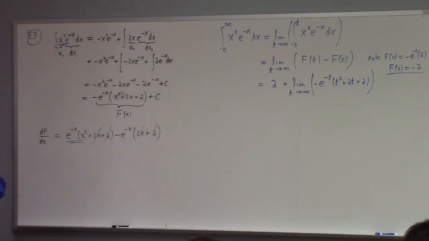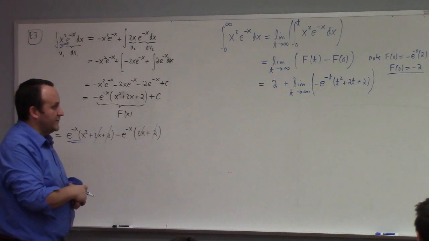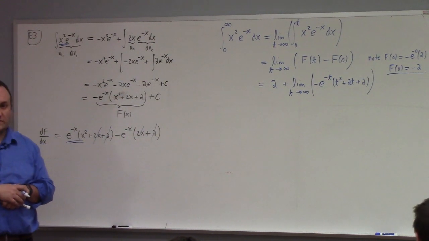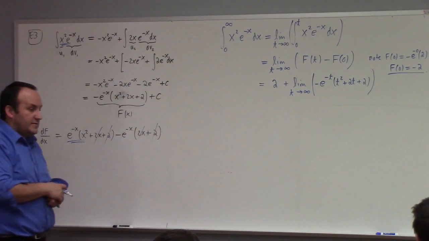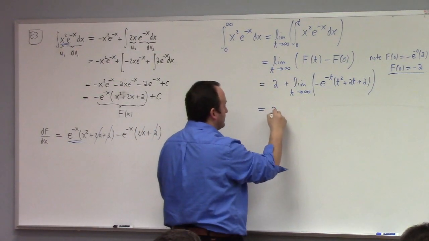I'm using a limit law here, right? When I pull the 2 out like that, I'm assuming that the subsequent limit exists. And if it does, then the limit of the sum is the sum of the limits. However, if the limiting process I just wrote ends up diverging, we also understand that 2 plus a divergent integral is divergent. So there's really nothing lost in pulling out the 2 here, as I did.